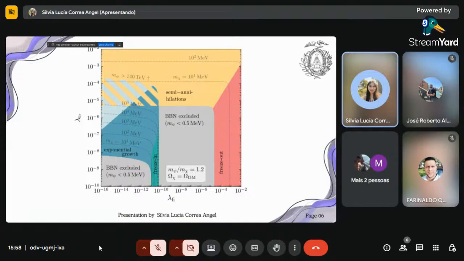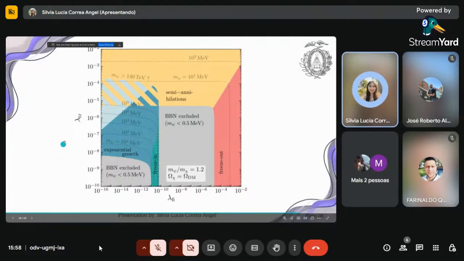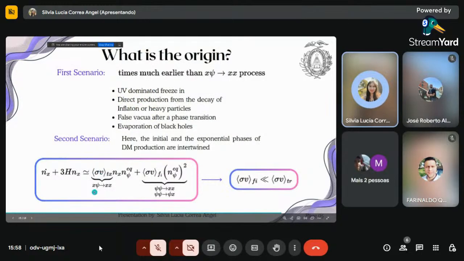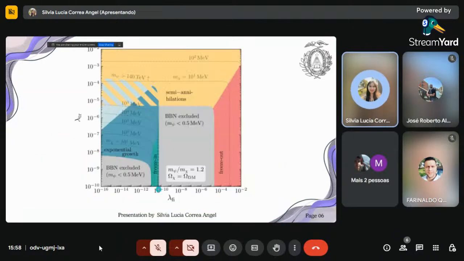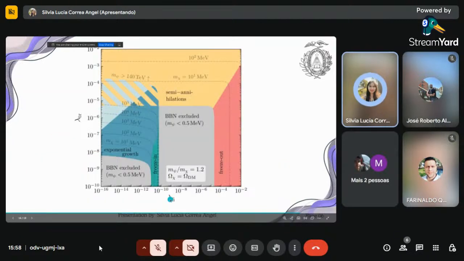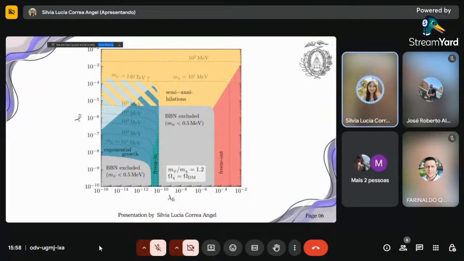Here they have shown the evolution using different couplings. In this case, it is the coupling of this interaction, psi, dark matter, dark matter, dark matter. This final one is the coupling for those processes here. Both are two-to-two processes.